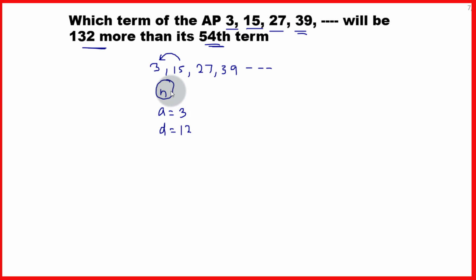And we are assuming that let this be the nth term, that is 132 more than its 54th term, and therefore we can write the equation as A n equal to 132 plus A 54, 132 more than the 54th term.